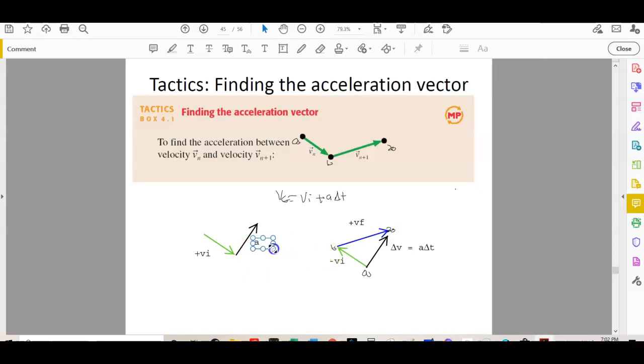Since the acceleration times delta t is taking place from 1 to 2 seconds, that acceleration vector is only adding at the 1 second mark.